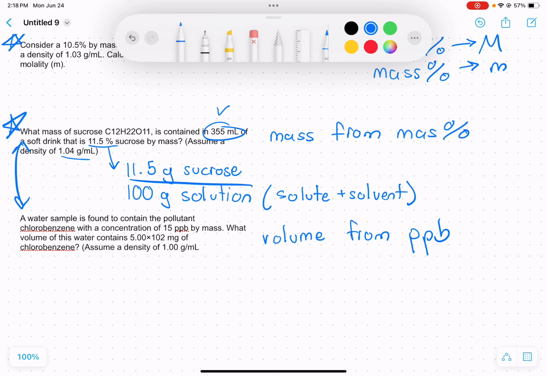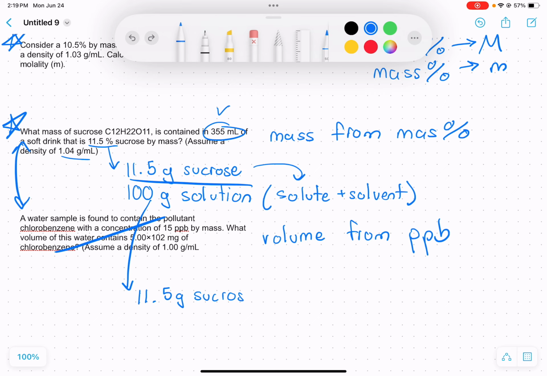Okay, so again, we're not going to do that one, and I'm just going to have to continue this work down here. So if there's 100 grams of the solution, it already told us that there's 11.5 grams of sucrose. So let's write that in more detail. 11.5 grams of sucrose, and, you know what? I don't even think we have to go to that level of detail for this question.